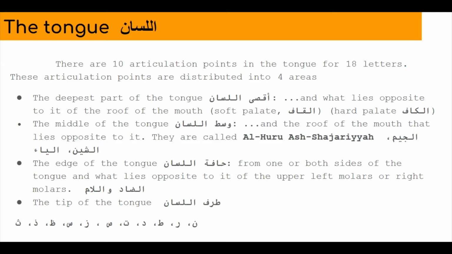Some people make this mistake of believing that lam is pronounced through the tip of the tongue. No, it is articulated from the front edges of the tongue. It is not from the tip of the tongue, whereas dad is pronounced from the posterior edges of the tongue.